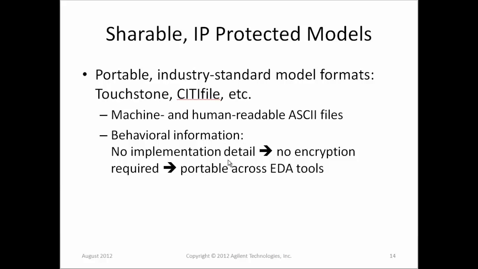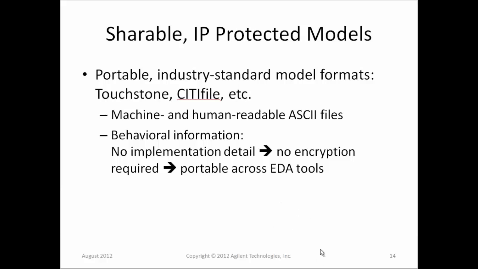There's no implementation detail about the geometry of the connector or the material properties used. It's just the behavior in a circuit. So you don't need encryption, and without any encryption, you can make a model that's portable across multiple EDA tools. So why don't we just use Z parameters?